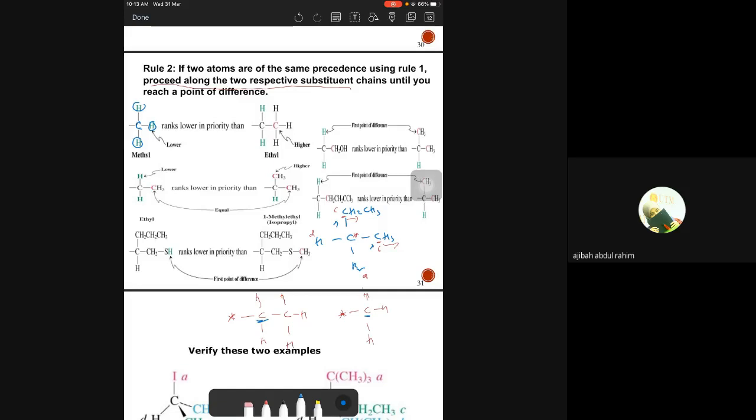The carbon just now is the same, but then you check whatever atoms are bonded to that carbon. Hydrogen on this side, and you have hydrogen as well. The second hydrogen is still the same, because you have to proceed until you reach a point of difference. Then here on this ethyl group you have carbon, but on this methyl it is hydrogen.